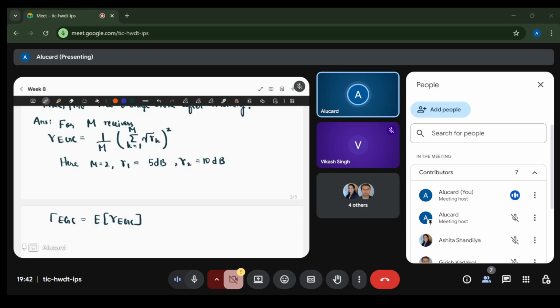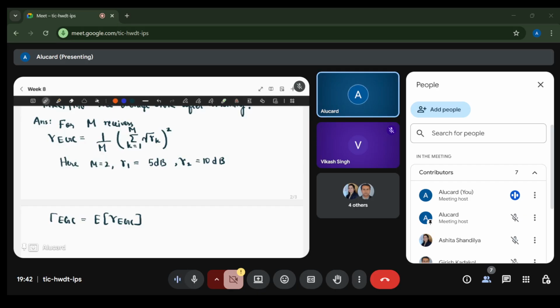So try this yourself. In the meantime, I'll go to the washroom and come back. But I've given you the formula, and also you have to remember that the antennas are uncorrelated.